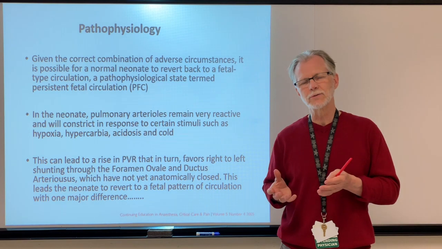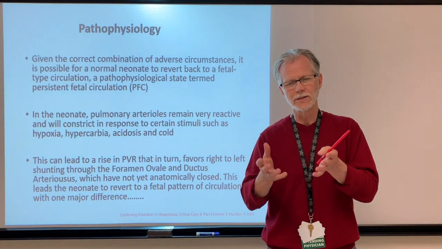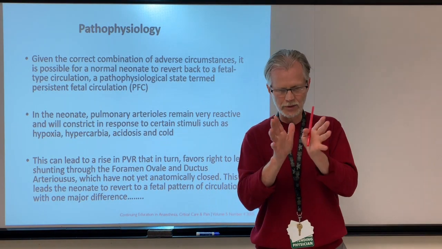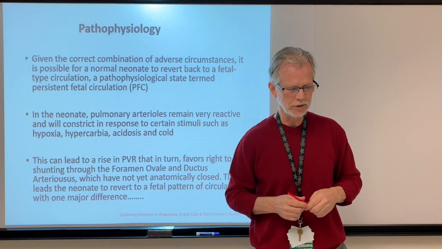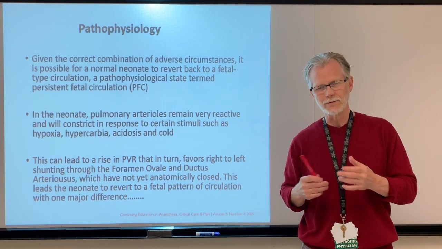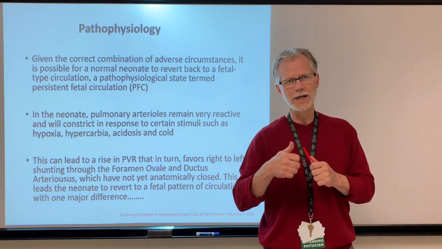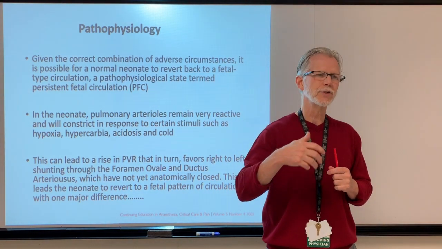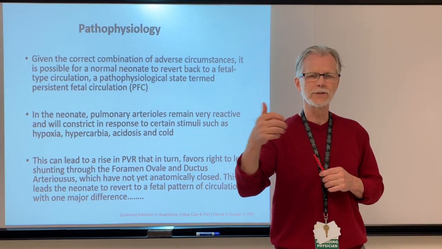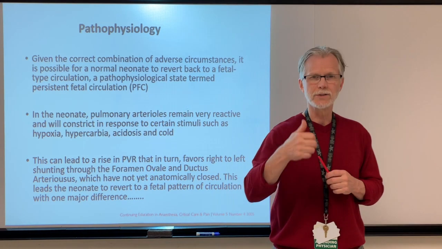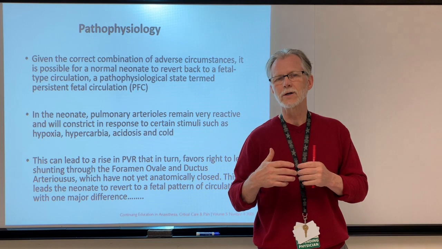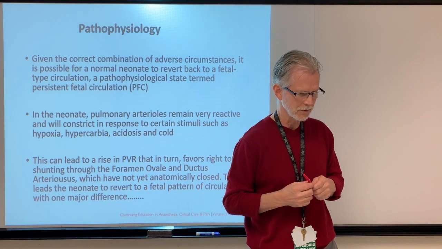When that pulmonary vascular resistance, the resistance that the right side of the heart sees now because it's looking at the pulmonary circulation, goes up, there's a favored shunting, or a tendency towards shunting, from right to left, meaning low oxygenation to higher oxygenation, across the foramen ovale sometimes, depending on the size of it, and across the ductus arteriosus.